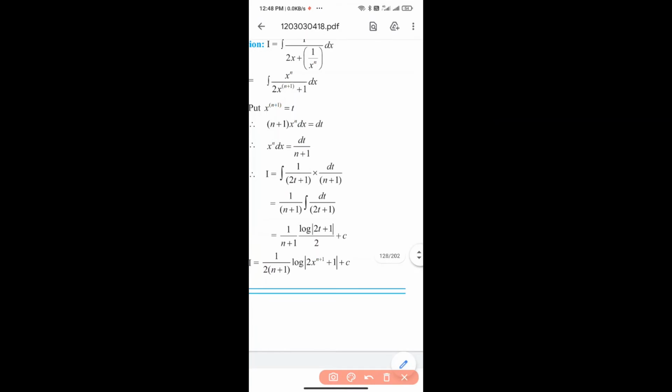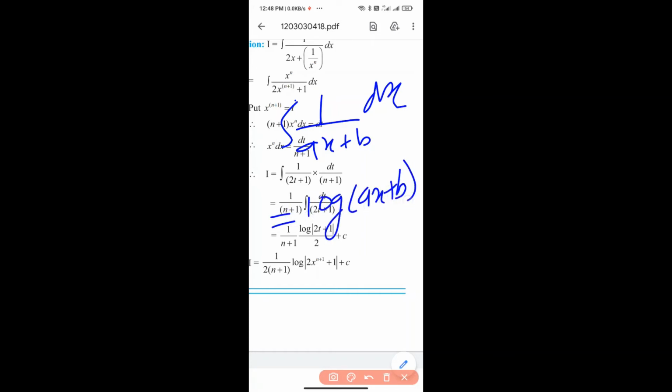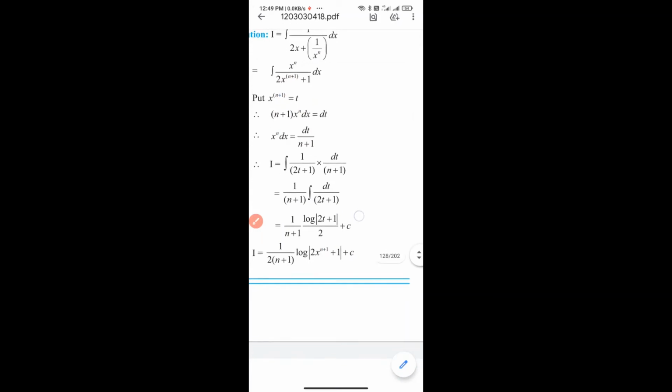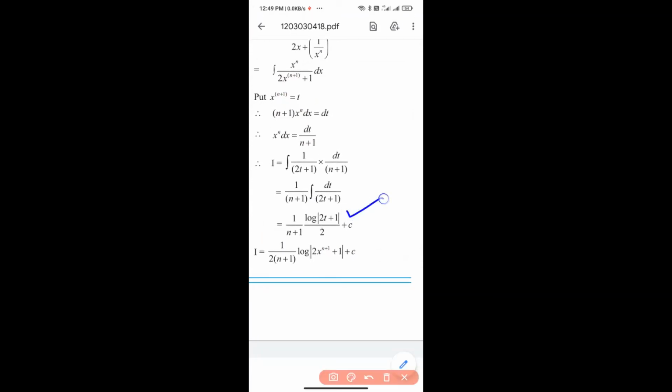So this can be solved with the formula integration 1 divided by ax plus b dx, which is log of ax plus b divided by a. So similarly they have got log of 2t plus 1 divided by 2. So 2 is the coefficient of t, plus c. So that is what our answer is.